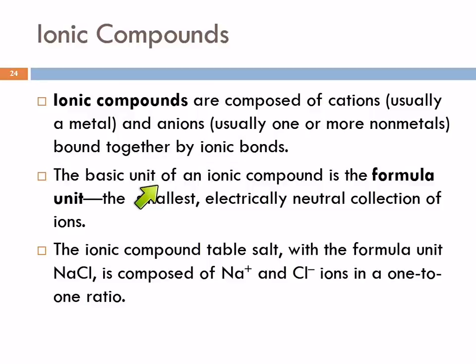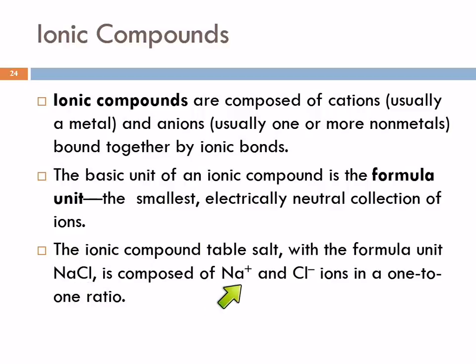The basic unit is called the formula unit, and that's the smallest electrically neutral collection of ions. So that is equivalent to an empirical formula. We want the lowest ratio of the ions. If we look at table salt, which is sodium chloride, the formula unit is NaCl.